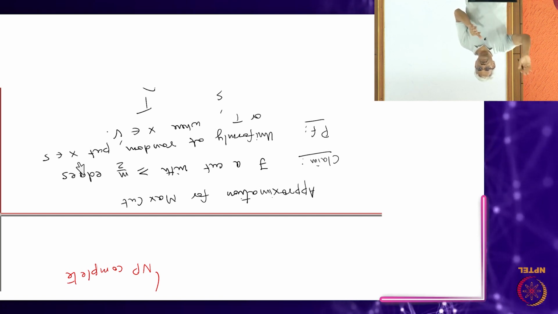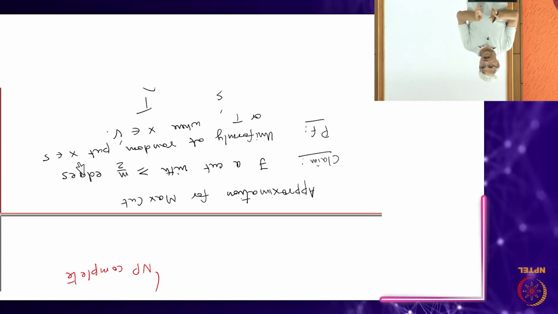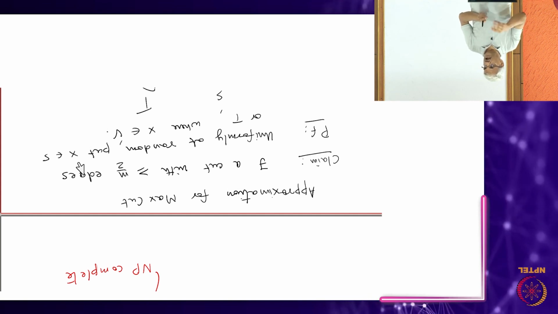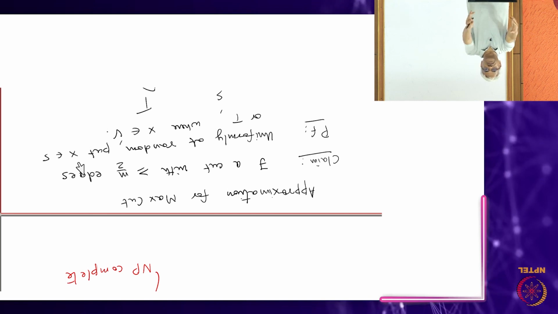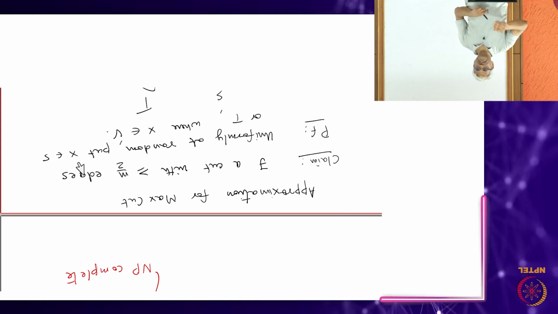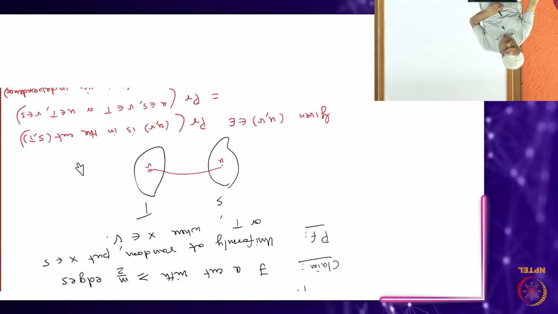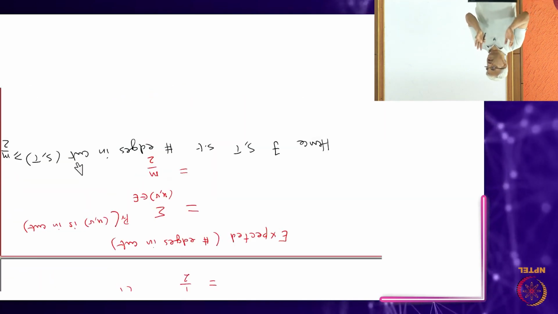So, m is the maximum, but I will find a cut which exists in any graph by this claim. I will find such a cut in polynomial time, and that is my approximation algorithm, which produces at least half the optimum. That is my goal. So, the goal is to find such a cut deterministically in polynomial time.